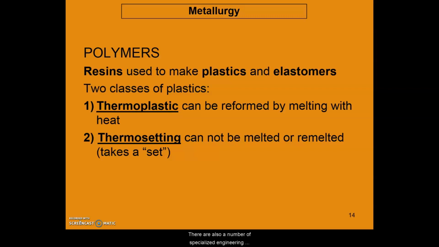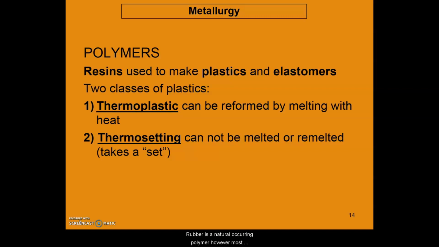There are also a number of specialized engineering polymers. The term thermoplastic indicates that these materials melt on heating and may be processed by a variety of molding and extrusion techniques. Alternately, thermosetting polymers cannot be melted or remelted. Thermosetting polymers include alkyds, amino and phenolic resins, epoxies, polyurethanes, and unsaturated polyesters.